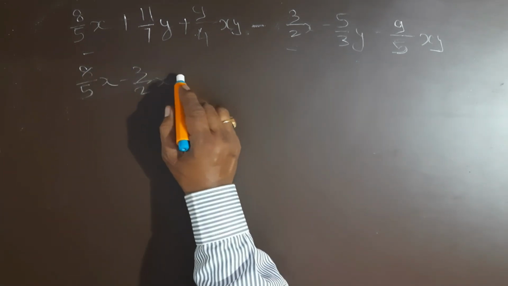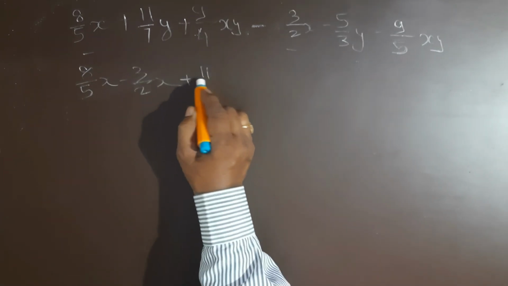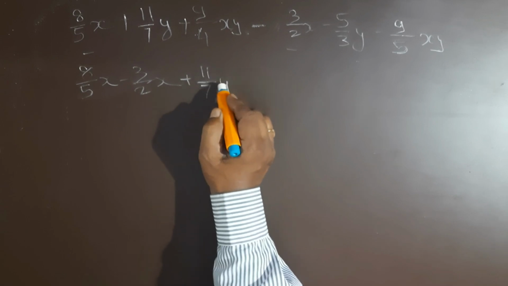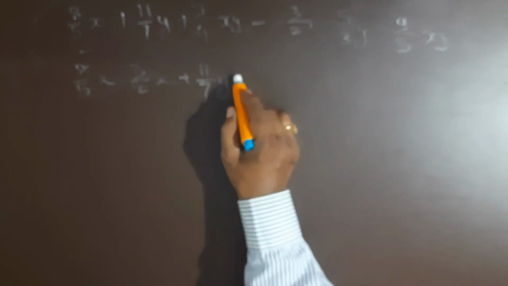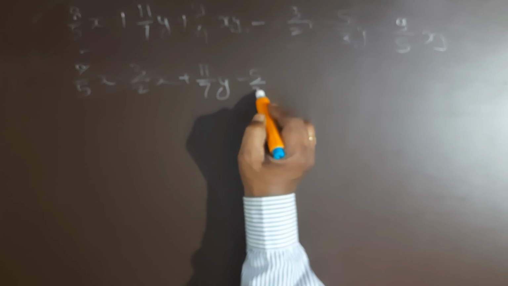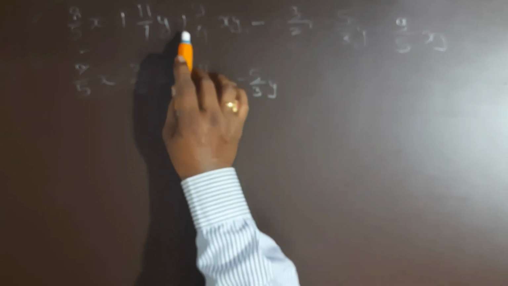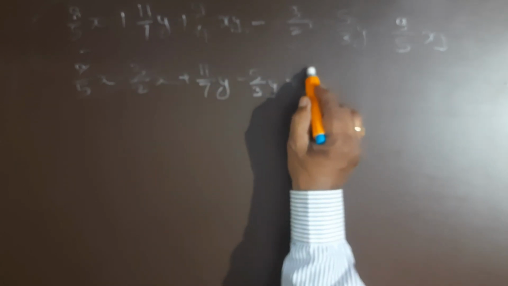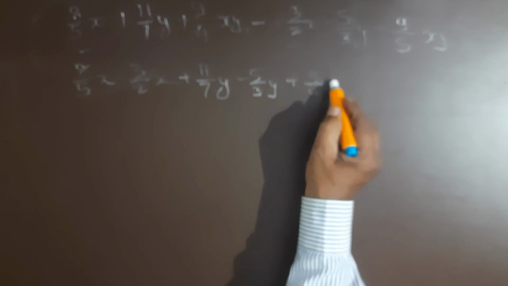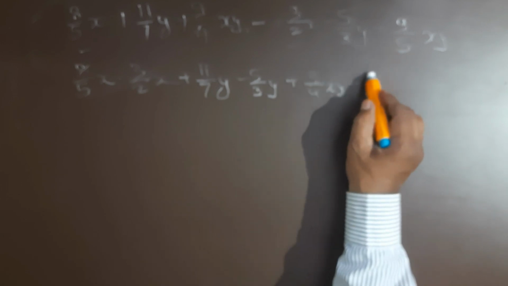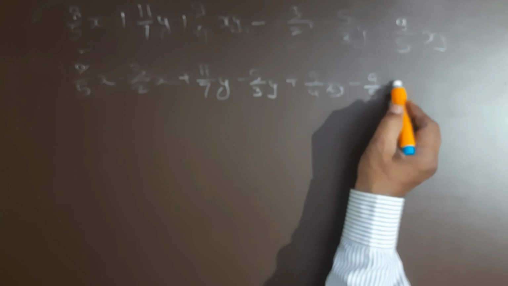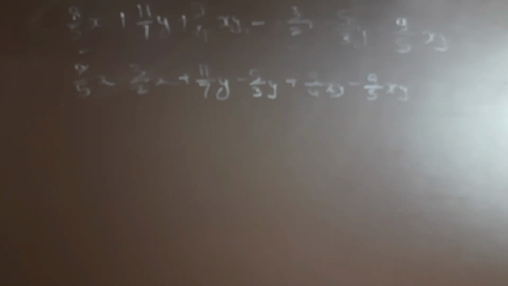Now y and one more y here, minus 5 by 3y, and the last ones are 9 by 4xy and 9 by 5xy. Okay.